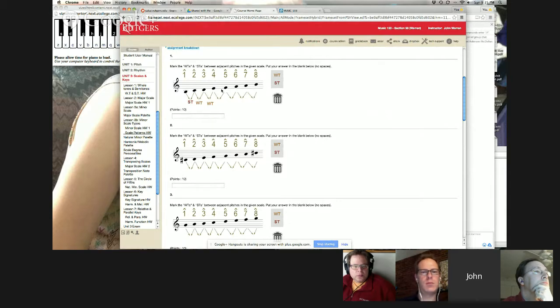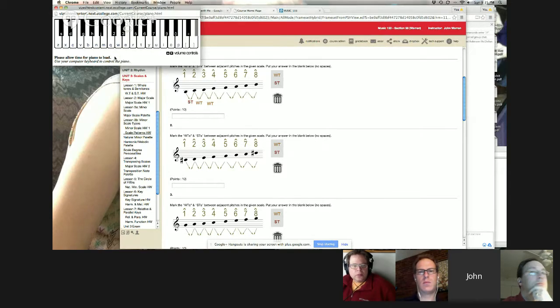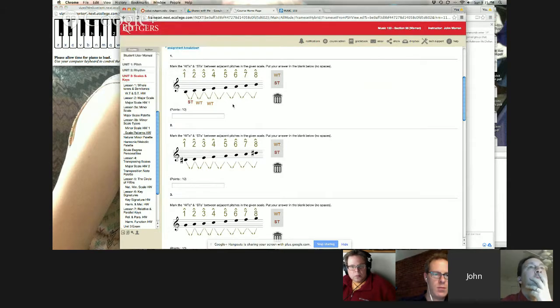Again, E to F here. I'm going to go back to the keyboard. This is another tricky one. E to F, again two white keys, but no black key in between, so it's a semitone. So I'm going to drag ST there, and then F to G is a whole tone.